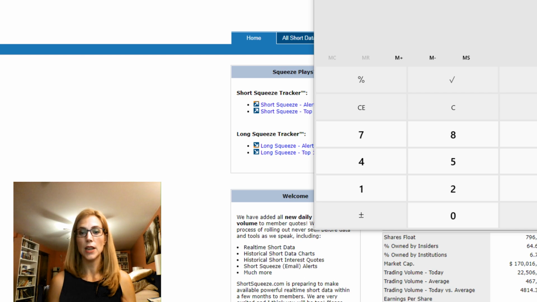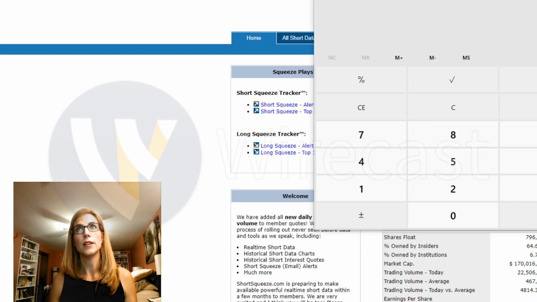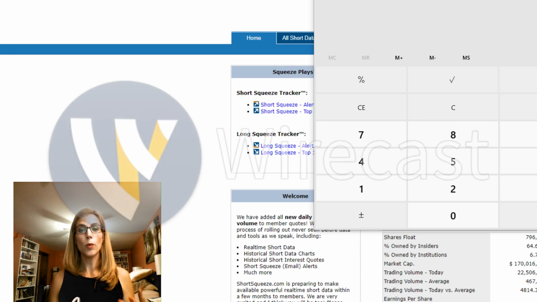It could just be a 30-second squeeze, but those shorts are going to feel the pain and start to cover, or they could have a forced cover if they have a margin call. The broker will close out the account, which could create a snowball effect and drive the price up.